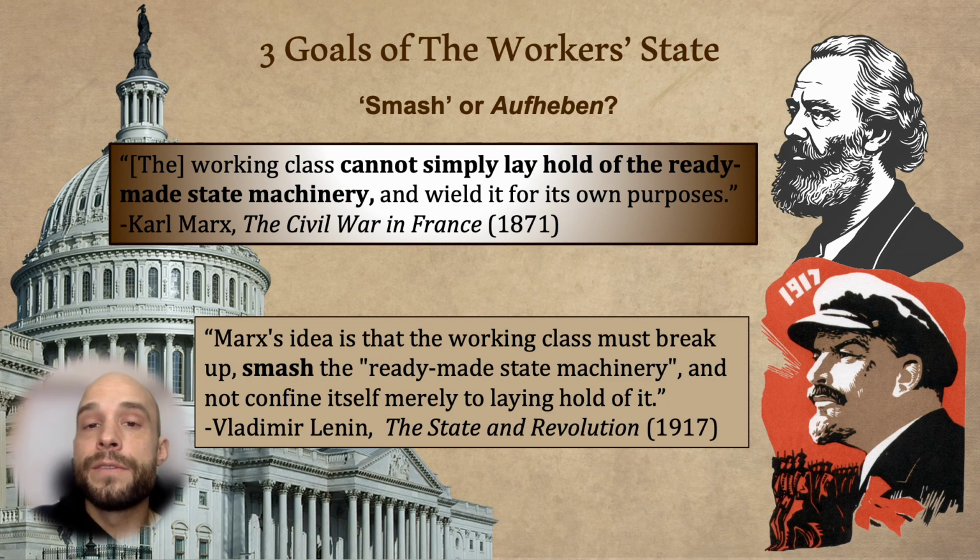In the US, socialists going back to Eugene Debs and the Socialist Party of America called for abolishing the Senate and democratizing the House. That's not just preservation, it's deep transformation. For Avineri, the real question is not smash or keep, but what must be abolished, what must be transformed, and what can be preserved without reproducing class domination.